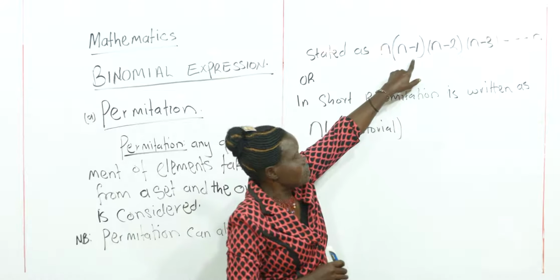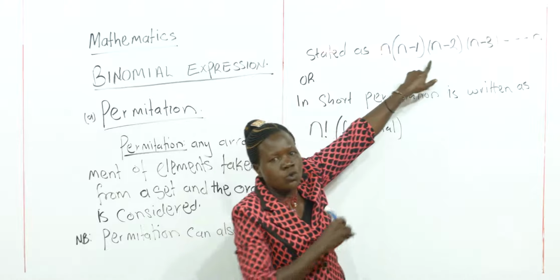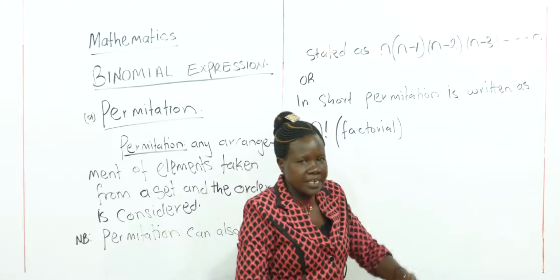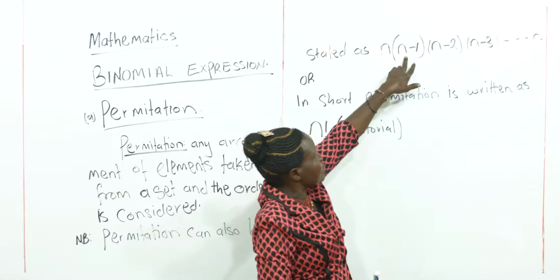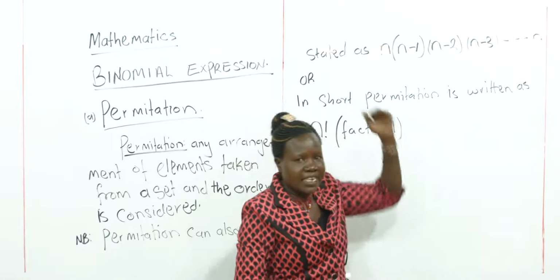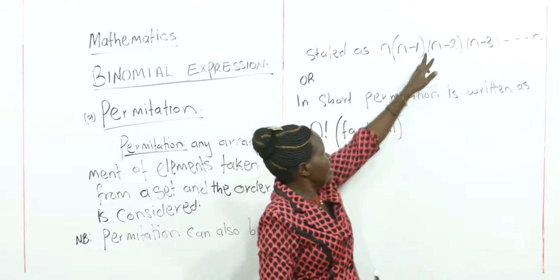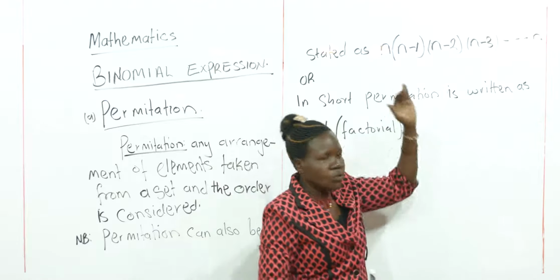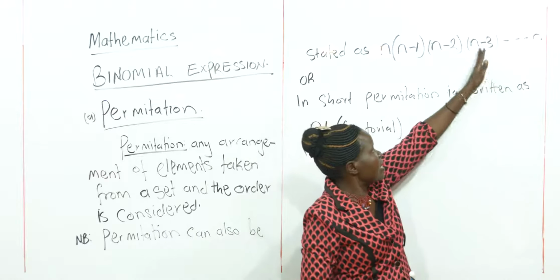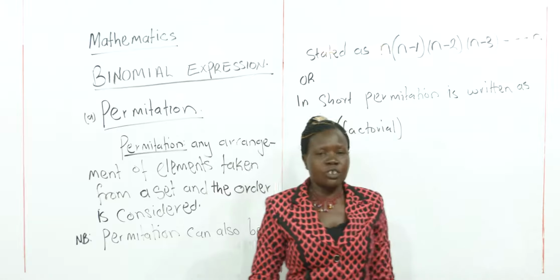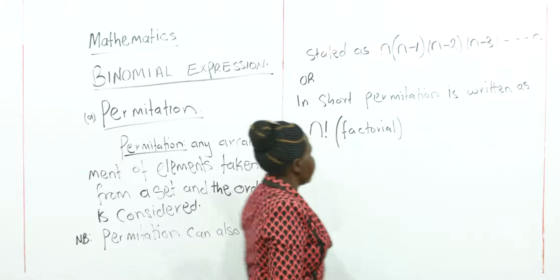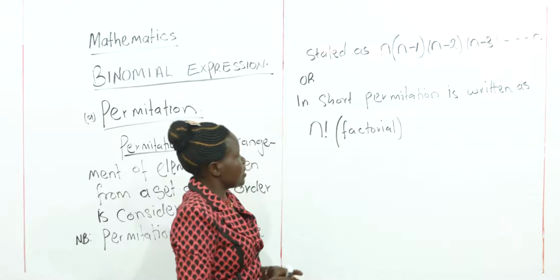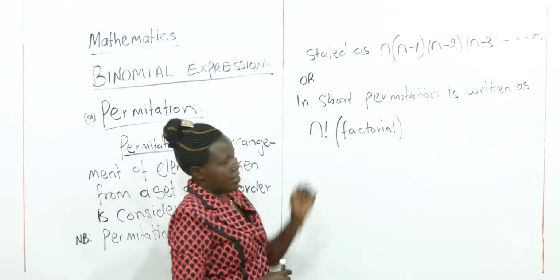So the number keeps on reducing as you continue going descending. You find that you begin from up, then as you take n minus 1, it means that number will reduce. And then when you take n minus 2, it keeps on reducing. N minus 3 keeps on reducing. That means that it is descending order. And then in short, we simply say n factorial.